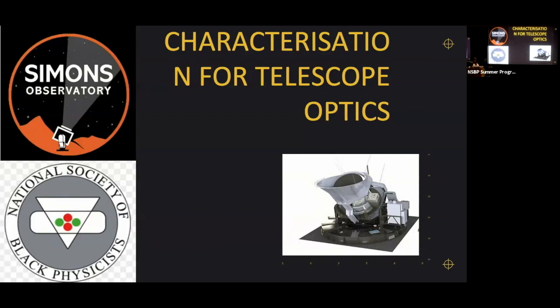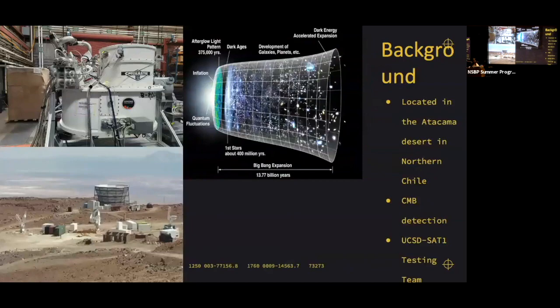So, to start off, a little bit of background. The Simons Observatory has a telescope that is essentially designed to detect the CMB. That's a nice little picture showing the timescale from the Big Bang and where inflation probably happened. The light that we're detecting comes from that early stage of the universe.